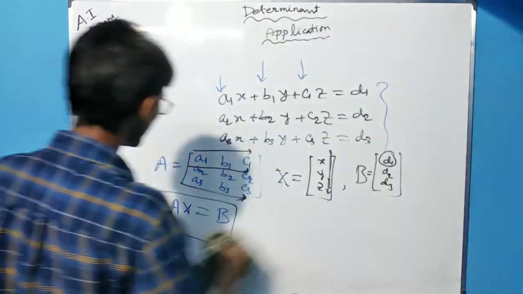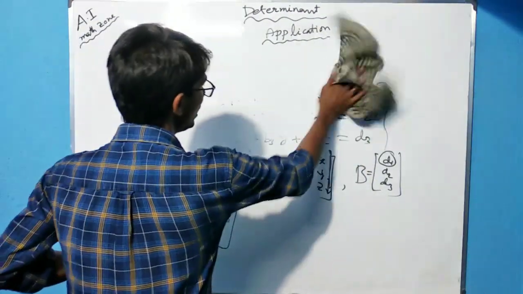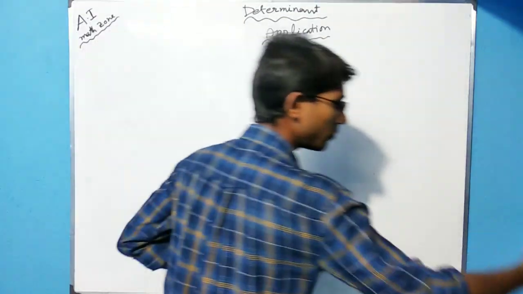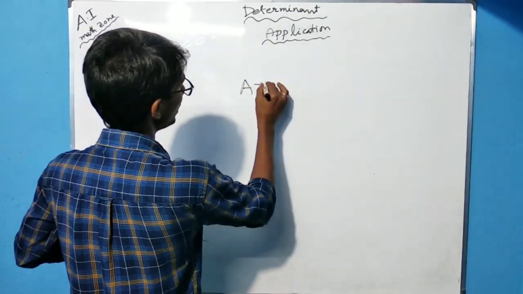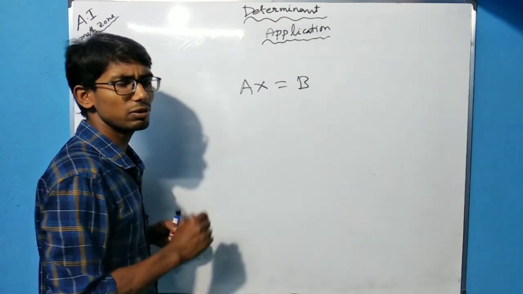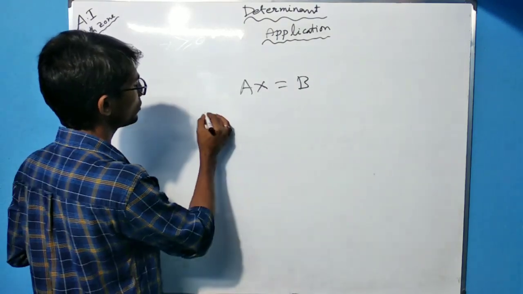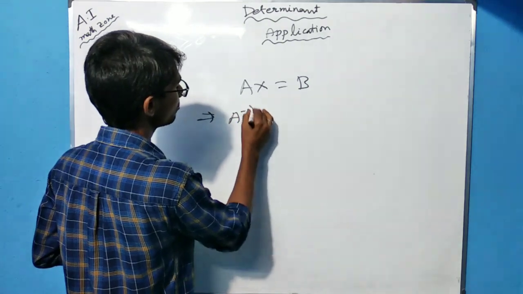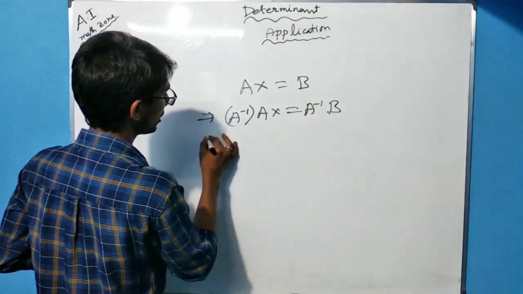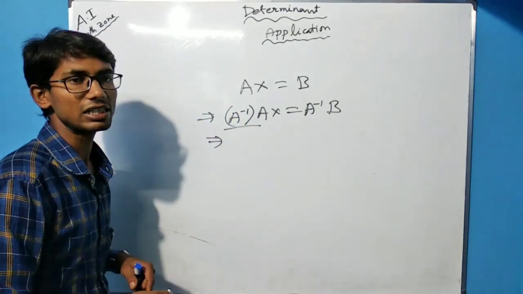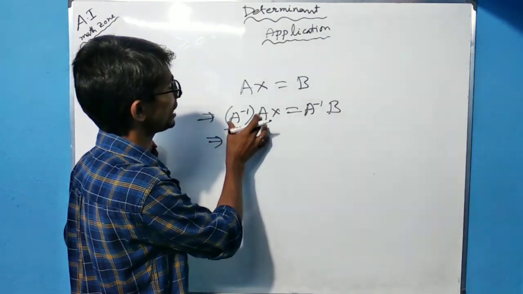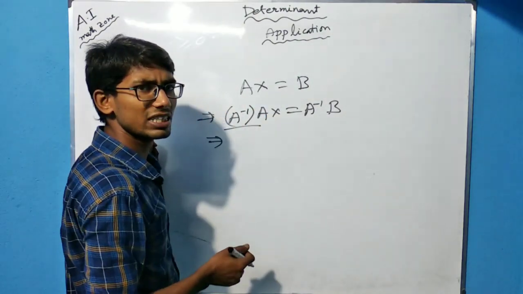Now see the magic. If we can find the inverse of A, the equation was AX = B. If we multiply both sides by A inverse, we get A inverse A X = A inverse B. A inverse times A is the identity matrix, and if you multiply the identity matrix with any matrix, the matrix remains exactly the same.